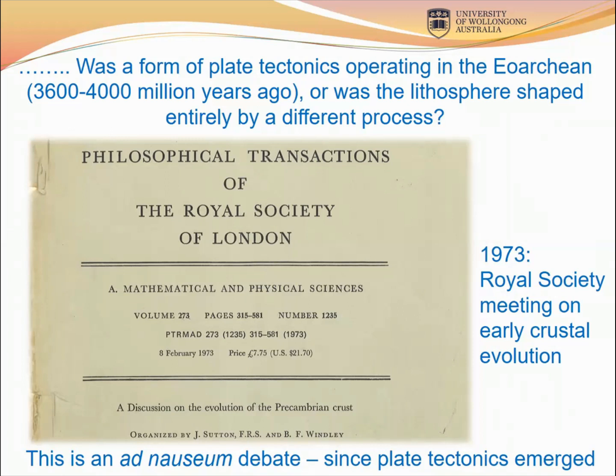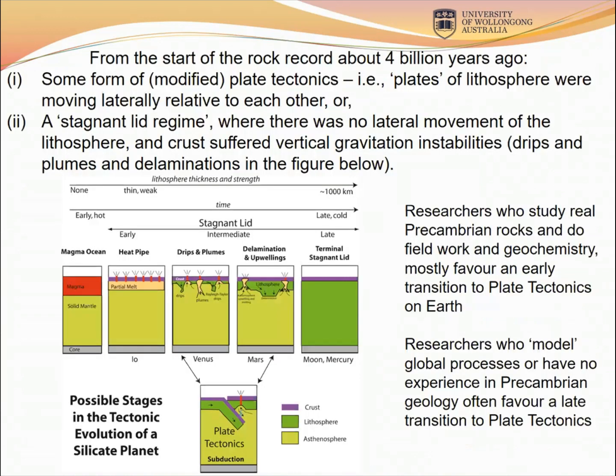Really, ever since plate tectonics emerged, and ever since people started to recognize these very ancient rocks on Earth. This shows the front cover of a Royal Society volume from 1973, a meeting on early crustal evolution, and the same arguments are still continuing today.